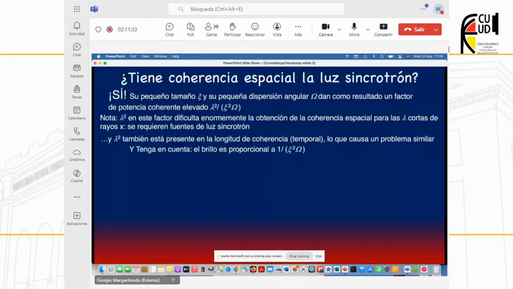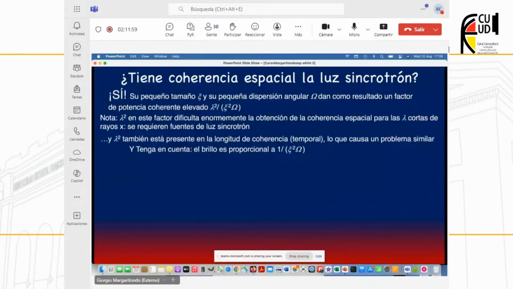Now, there is a funny realization at this point. You realize that the geometric parameters we find in the coherent power are the same that we find in the brightness, in the brilliance. So what happens is that we don't have to have a separate fight in order to get space coherence.